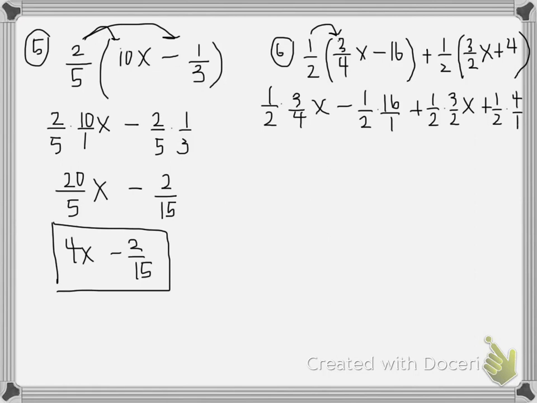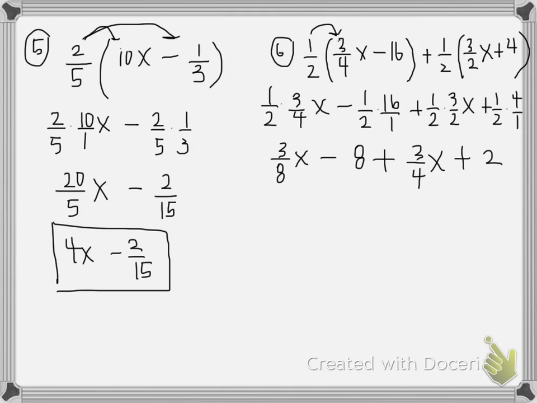Okay, so here we'll say 3 over 8x. And here 1/2 times 16, so that's going to be an 8. And then we'll have 3/4 x. And then 1/2 times 4 over 1 will be a positive 2.